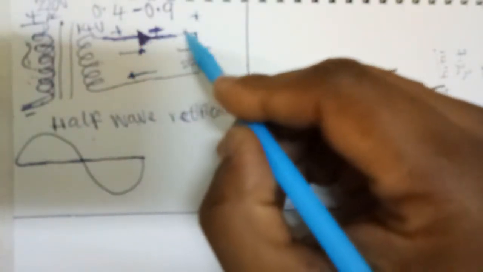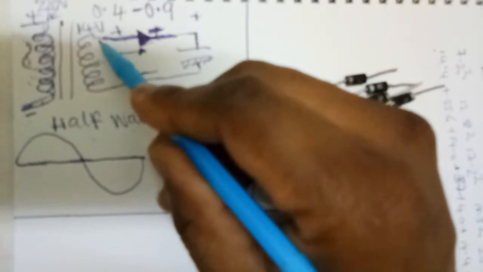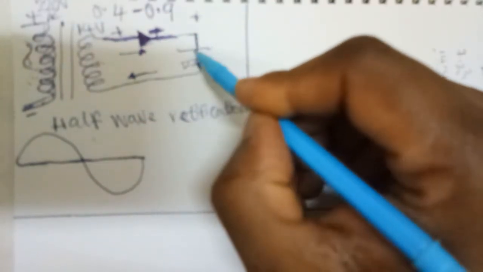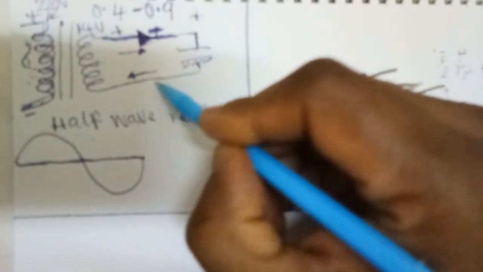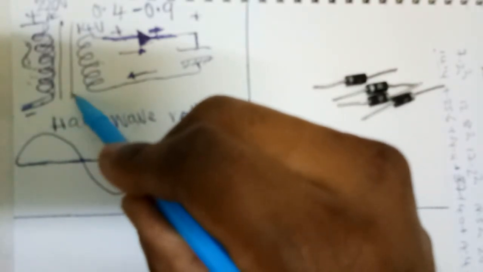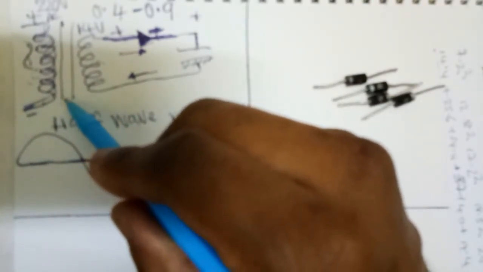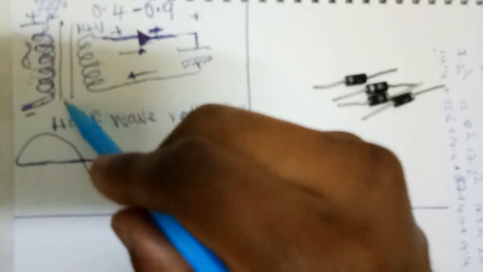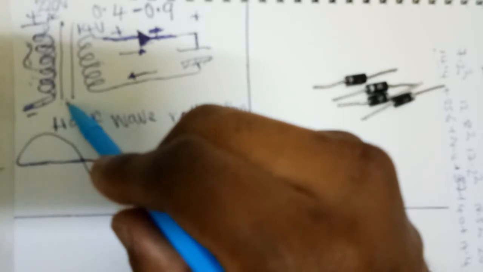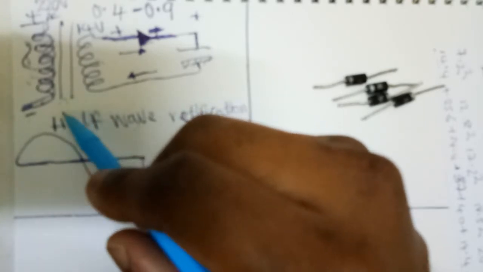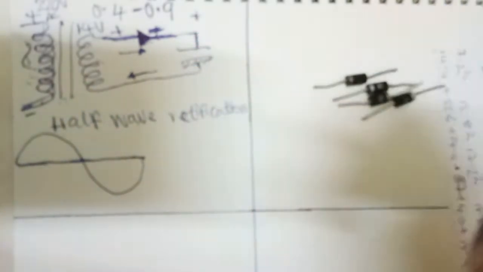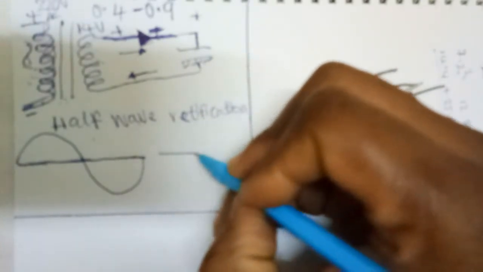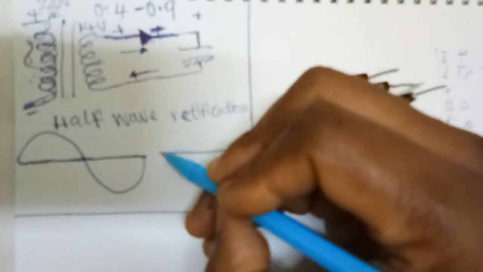It's forward biased, and current flows from the diode through this capacitor back to the transformer. Therefore, you get a waveform like this.